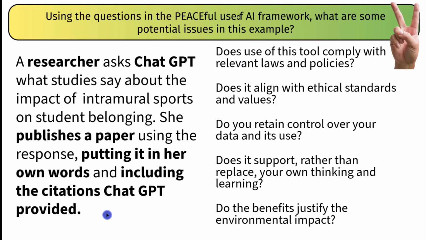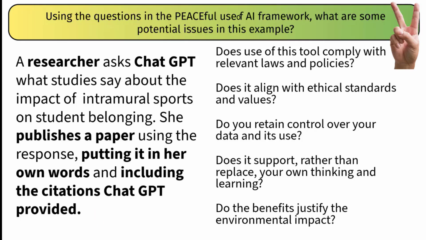So the example is this. A researcher asked ChatGPT, what do the studies say about the impact of intramural sports on student belonging? She publishes a paper using ChatGPT's response. She puts it in her own words and includes the citations that ChatGPT provided.